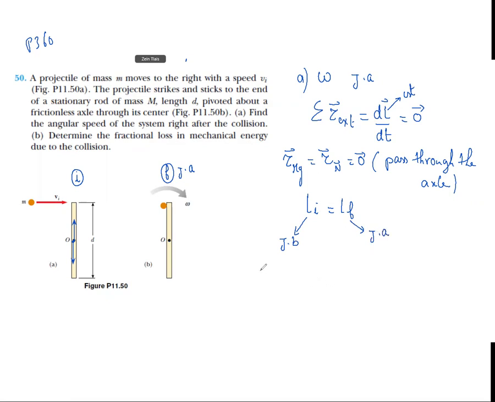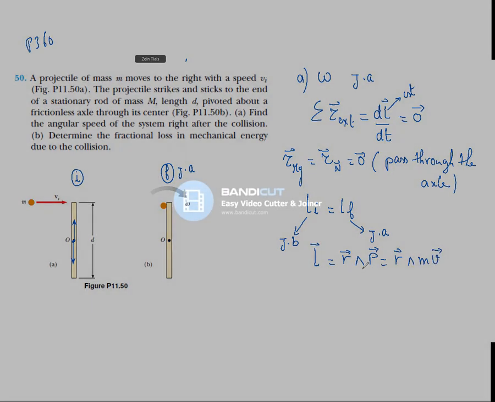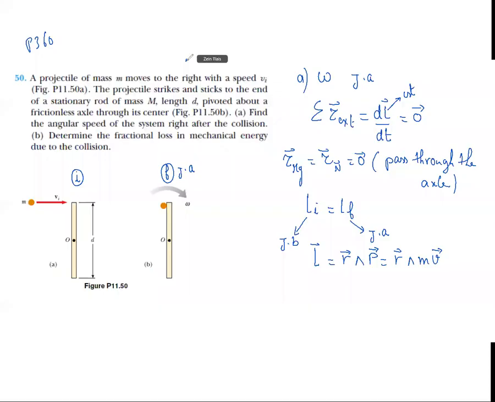Okay? In general, L must be equal to R cross P, or we can say R cross m v. Here, for the mass m, we have a translational motion.